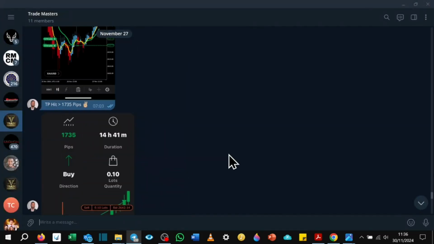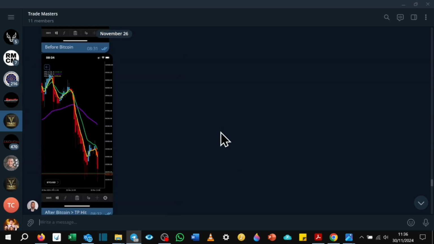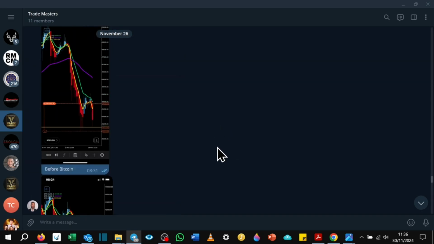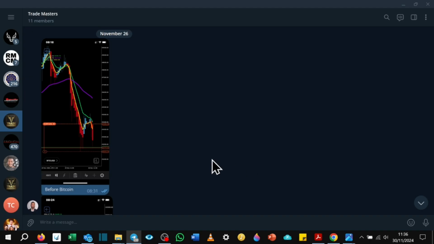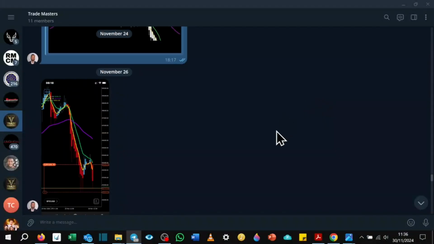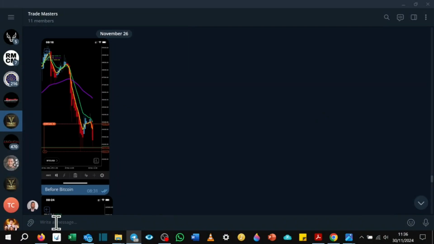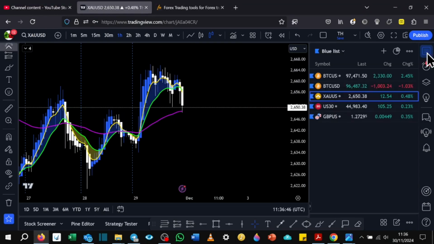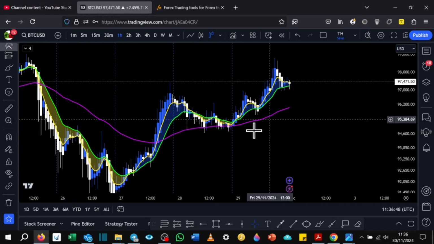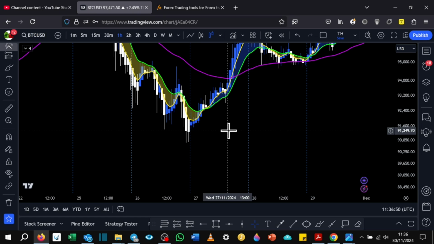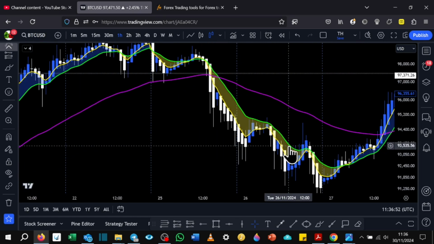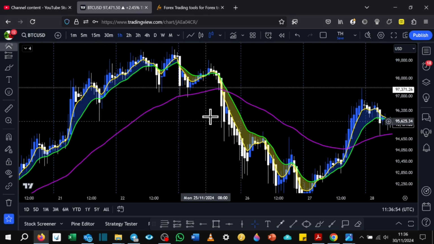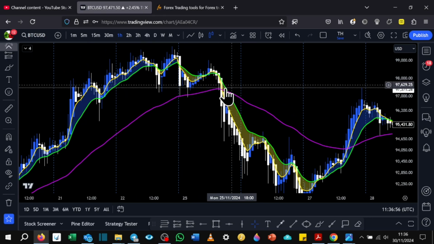And then actually before that, there was a sniper entry on Bitcoin. So Bitcoin was on the November the 26th. We've had all three EMAs cross here.